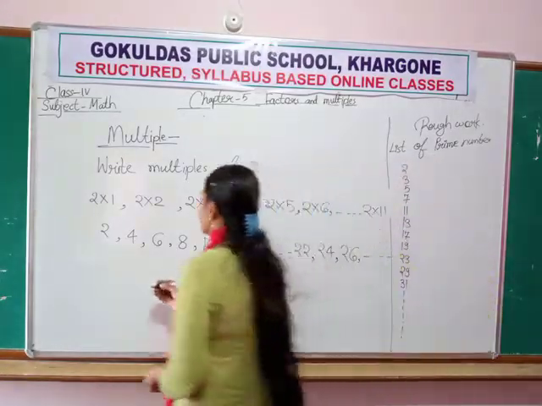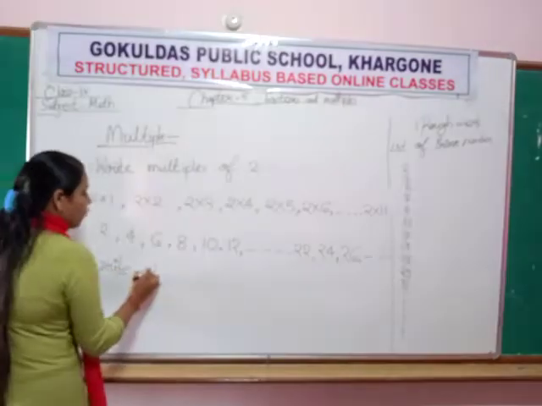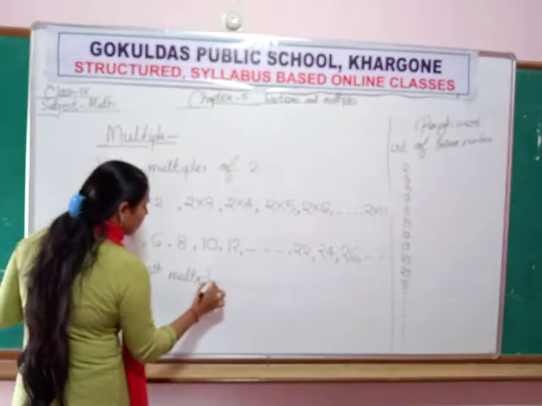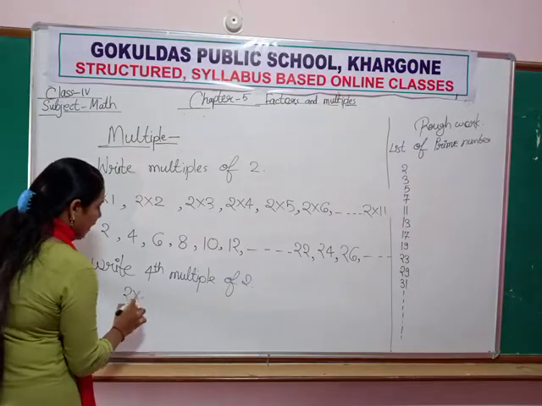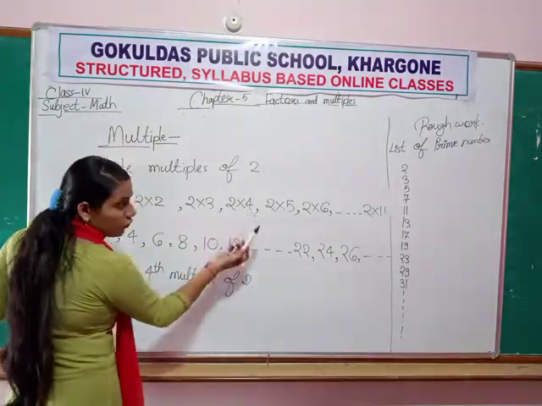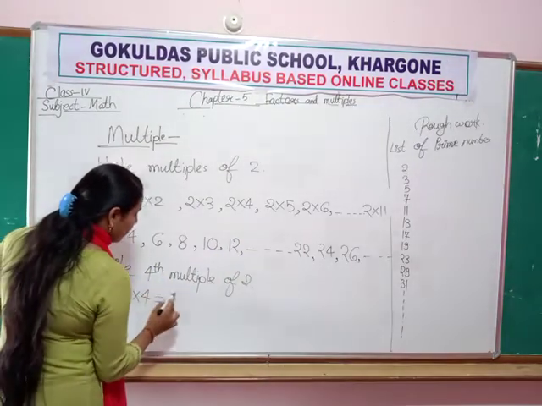If I ask you to write the fourth multiple of 2, fourth multiple of 2 means 2 multiplied by 4, which is 8.